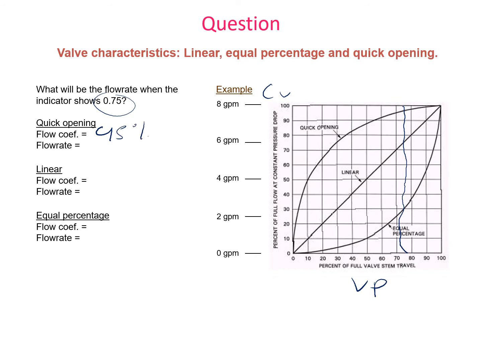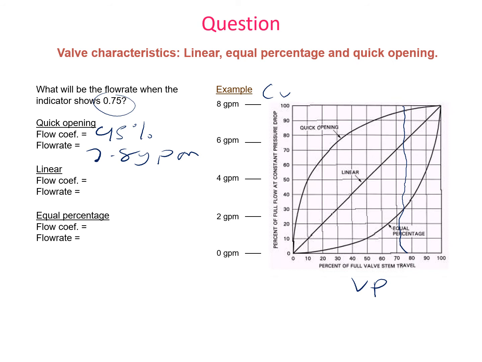For 95%, we can see that the flow rate is around 7.8 gallons per minute.